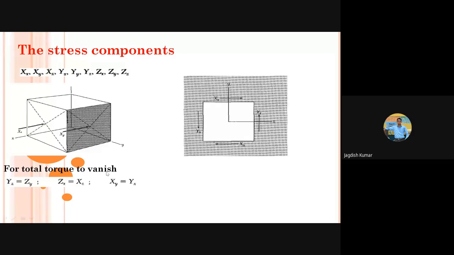This is XY. Now let us try to look at YX. What will be YX? Force acting along Y direction on a face perpendicular to X axis. So this is the face perpendicular to X axis, and this is the force acting on this face and directed along Y direction.